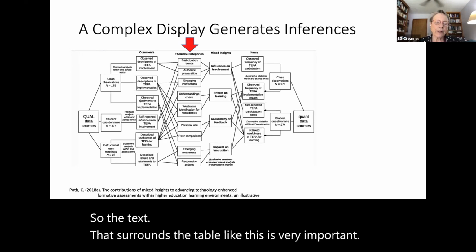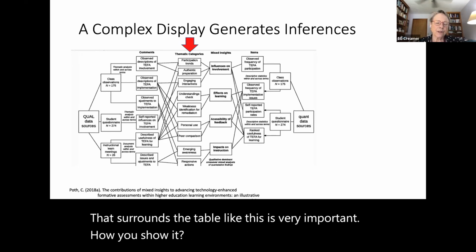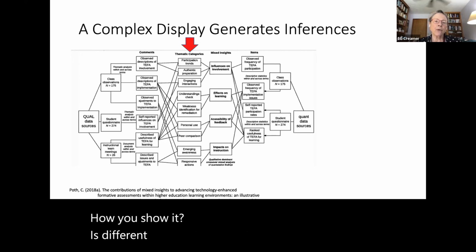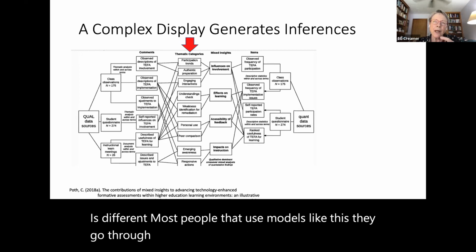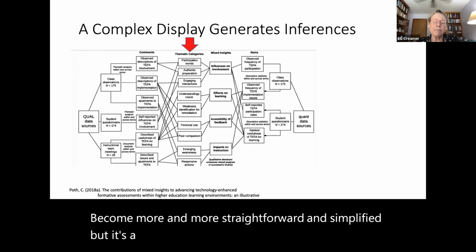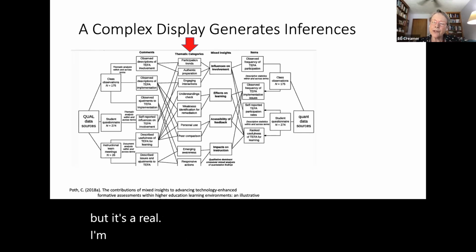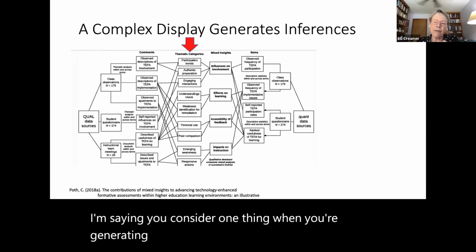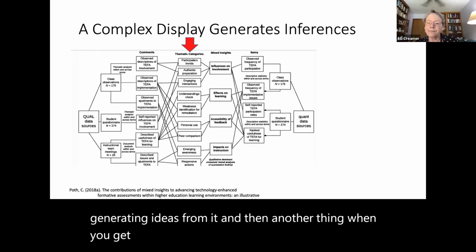How you show it is different. Most people that use models like this go through many revisions, and as you present it, it becomes more and more straightforward and simplified. You consider one thing when you're generating ideas from it and another thing when you get to reporting.